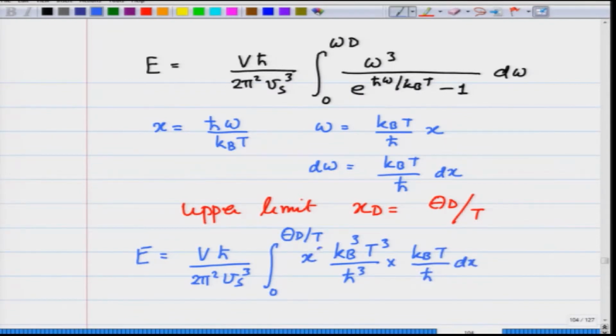There is going to be an x cubed here and 1 over e raised to x minus 1.